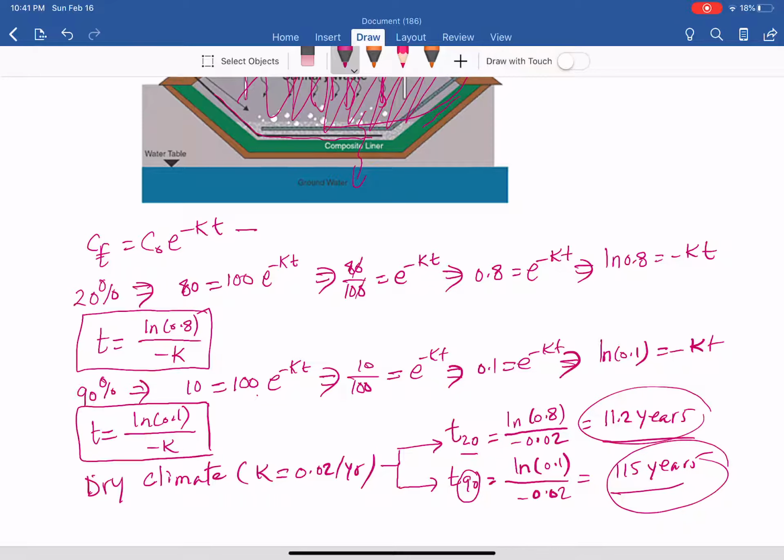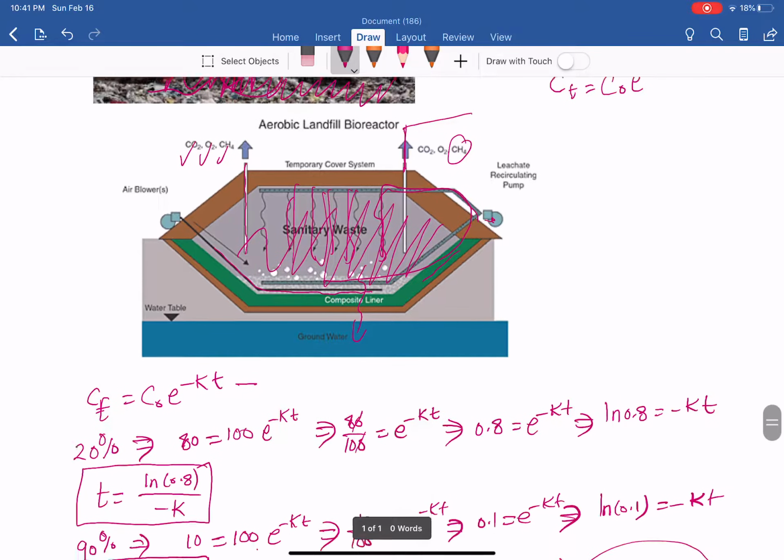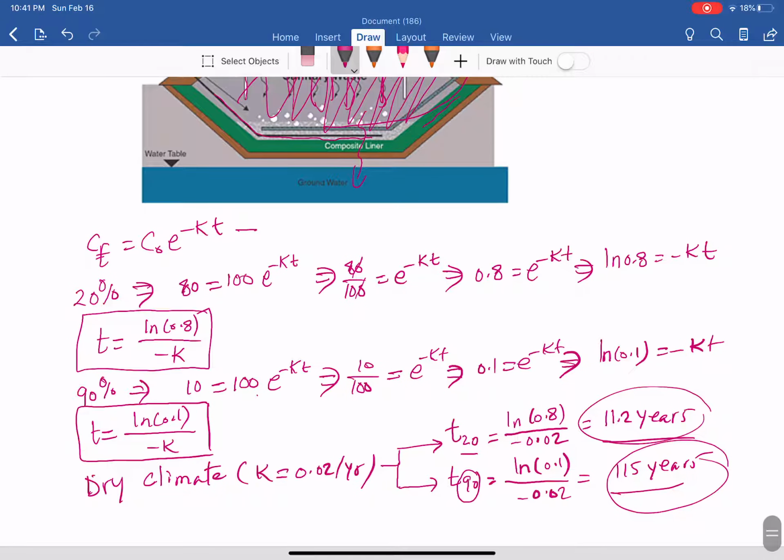Now, you could do the same thing for the other climates. So this is the dry climate. If you want to use the other climates and compare, you could do that.